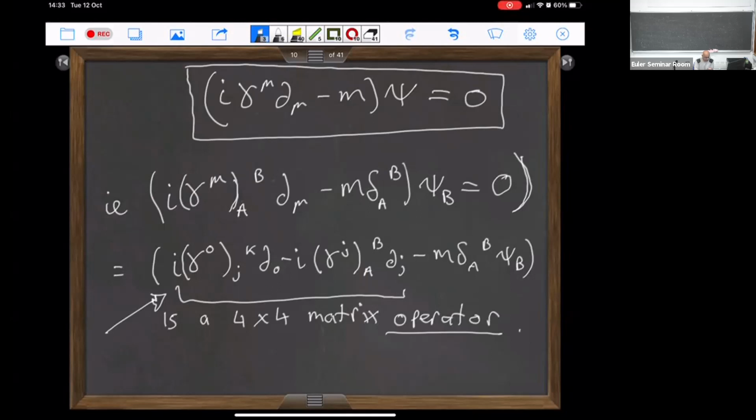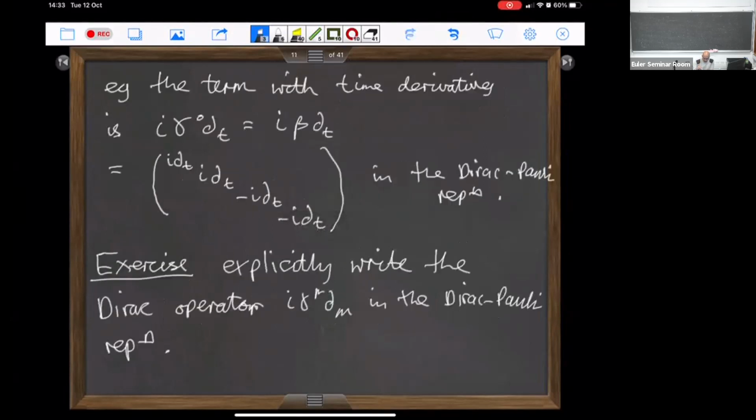What we mean by that is you take gamma 0, and every non-zero entry you replace by d by dt. And gamma 0 was this matrix beta, which was diagonal with entries 1, 1, -1, -1, which means now we replace each of those entries by i times d by dt, and then that's what we get.